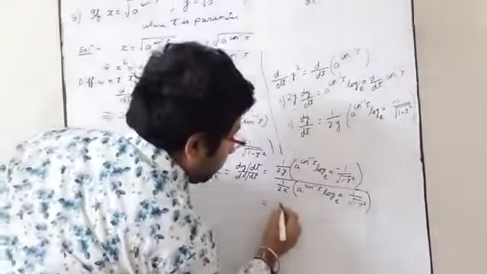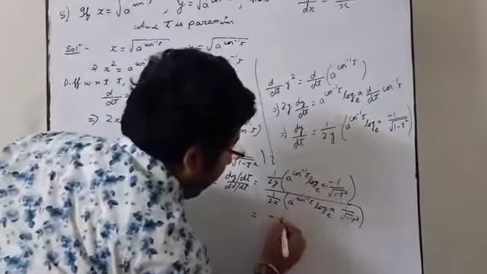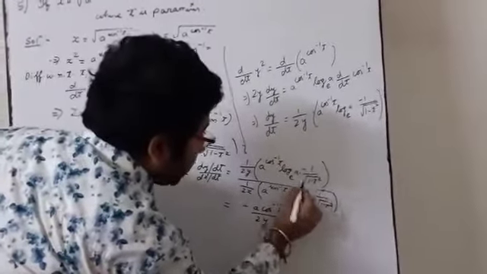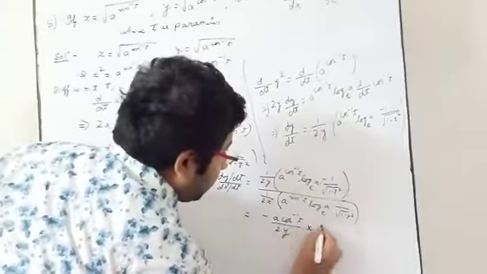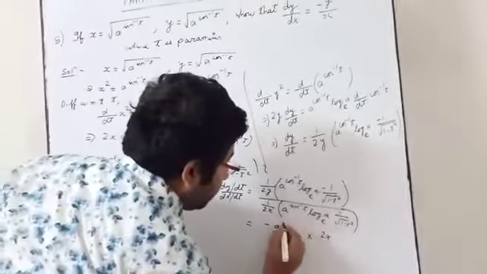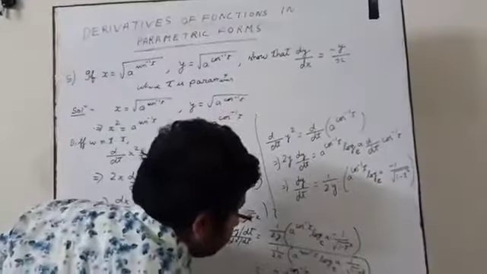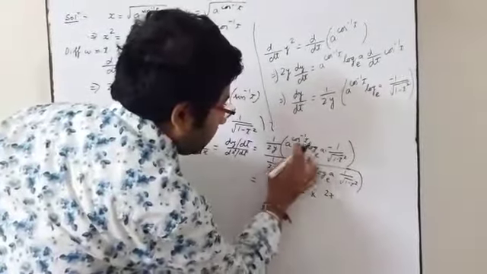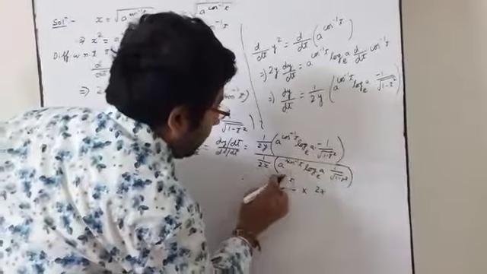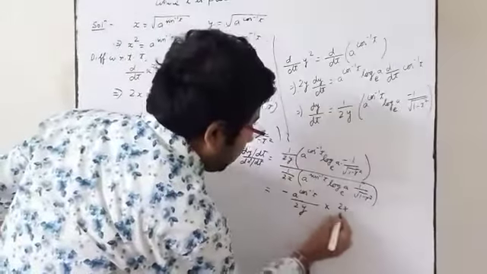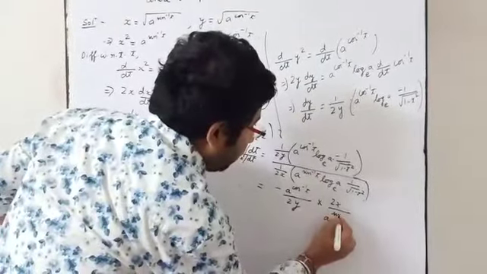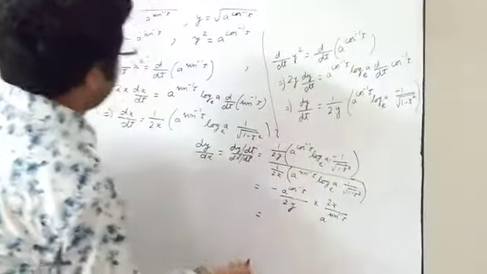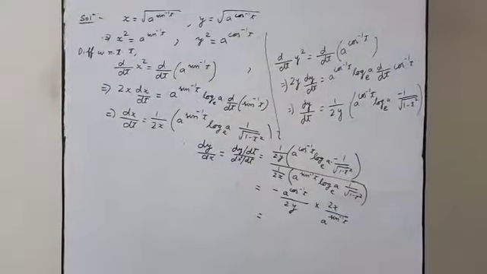You are left with minus a to the power cos inverse t by twice y log a, and the minus sign comes out, into twice x, into a to the power sin inverse t. So, minus a to the power cos inverse t divided by twice y into twice x by a to the power sin inverse t. Is it clear or not? All of it is clear?